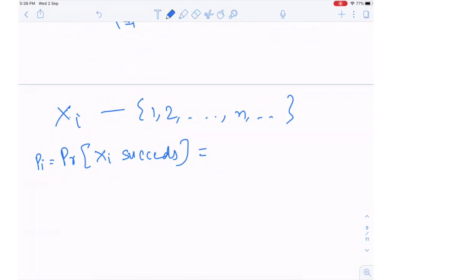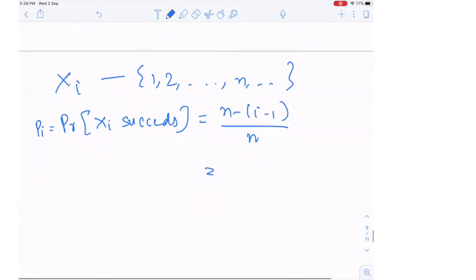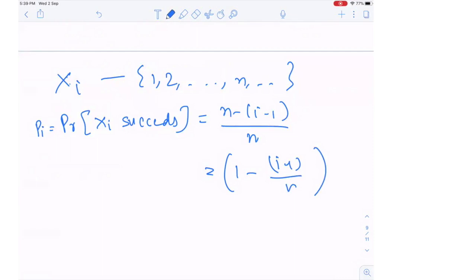You have seen i minus 1 old coupons, so your chance to see a new coupon is n minus (i minus 1), divided by n. So this is 1 minus (i minus 1) by n. So let's call this pi.